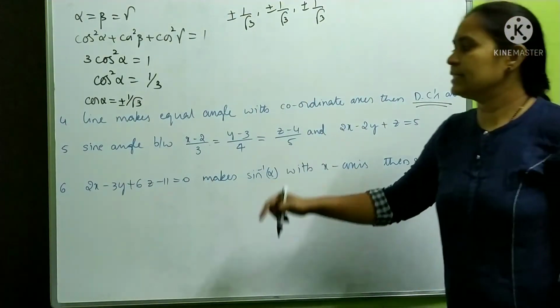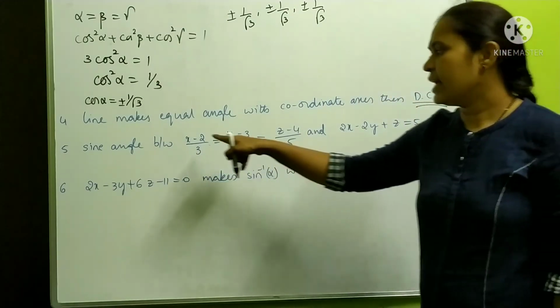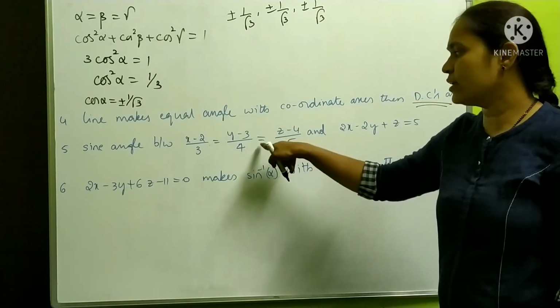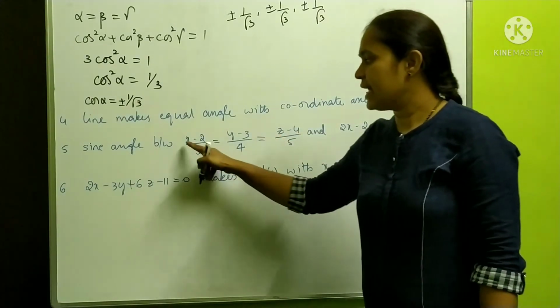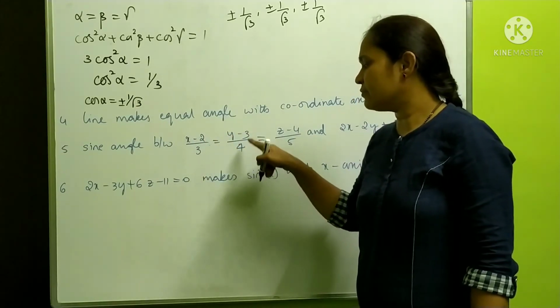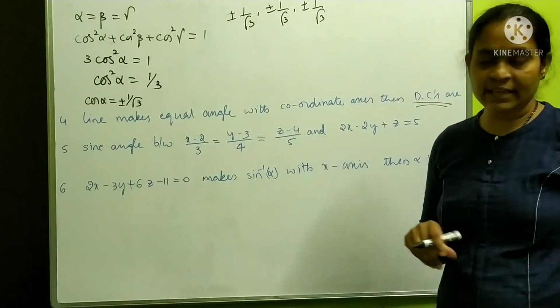Okay, look at this. Sine of the angle between, what is this? This is a line: x minus 2 by 3 is equal to y minus 3 by 4 is equal to z minus 4 by 5. In which form is it? x minus x1 by a1 is equal to y minus y1 by b1 is equal to z minus z1 by c1.